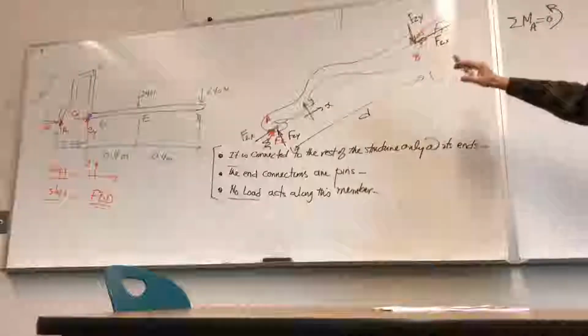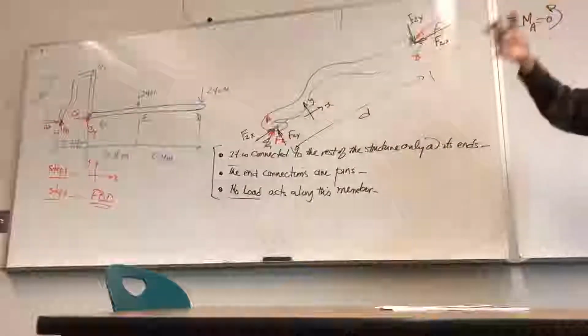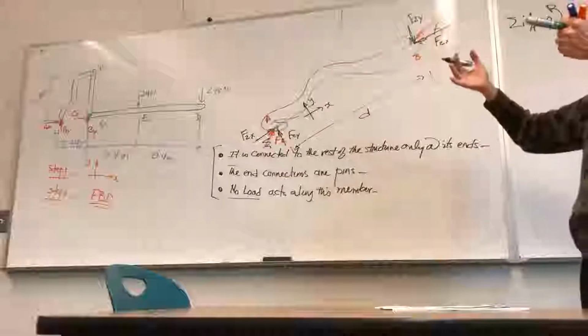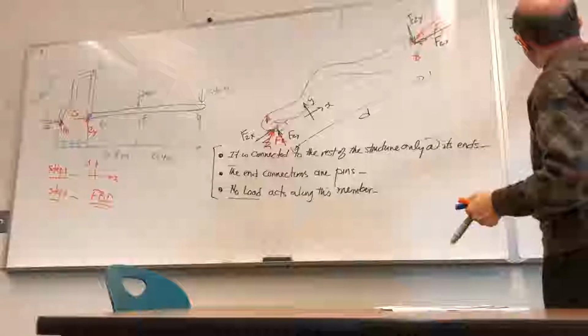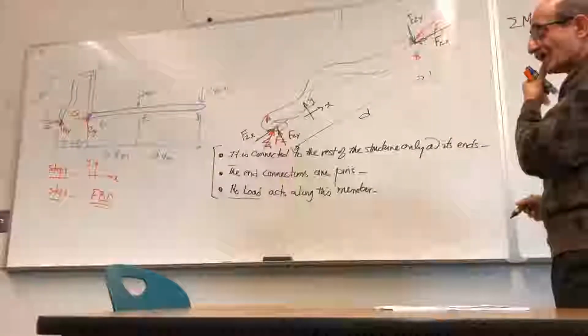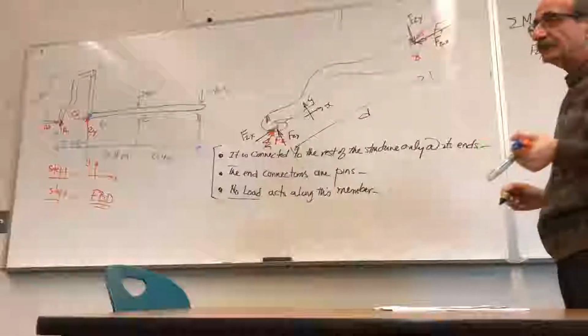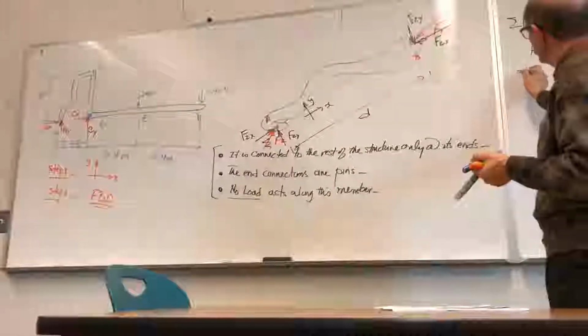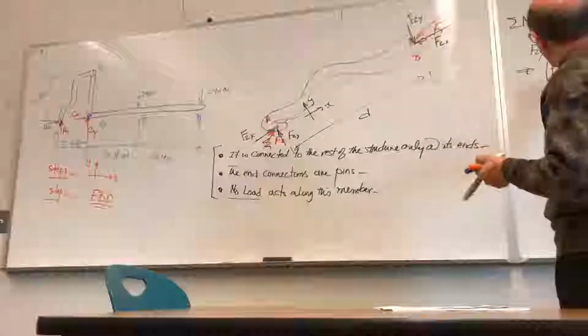Summation of moments about A. Say it loud. F2y times D. What else? That's it, equal to 0. What does that mean then? That results in what? F2y must be 0.